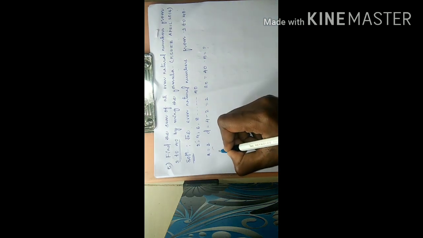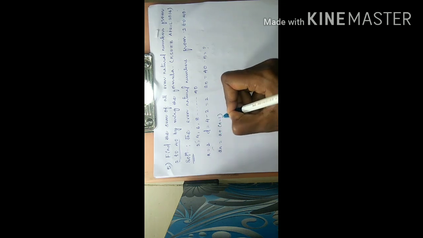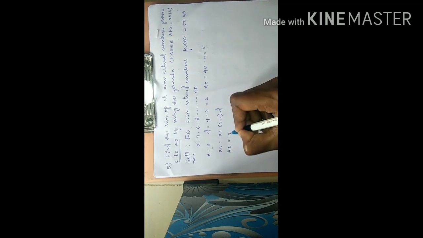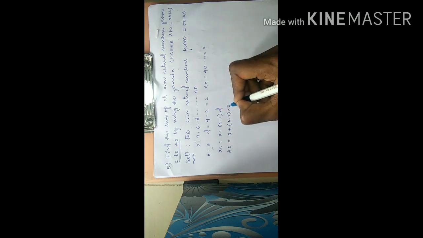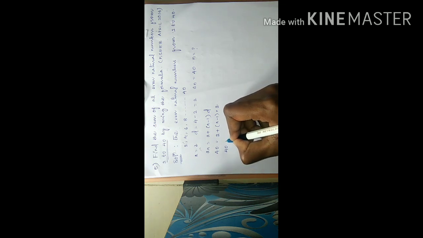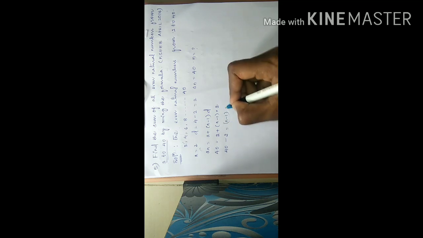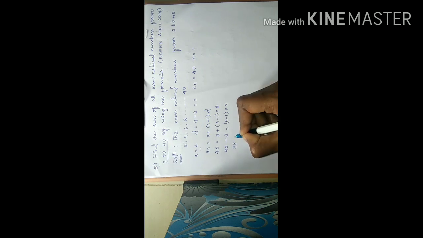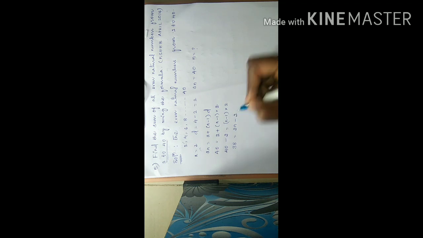So now write the nth term formula. an is equal to a plus (n minus 1) into d. So an is 40, is equal to a which is 2, plus (n minus 1) into d which is 2. Now 40 minus 2, taking this to this side, is equal to (n minus 1) into 2. 40 minus 2 is 38, is equal to 2n minus 1 into 2, which is 2.